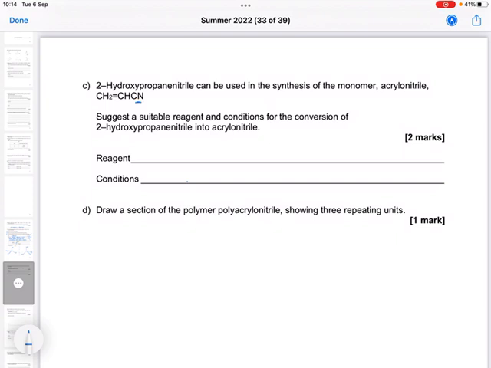So that's an alcohol to an alkene reaction. So I can use either concentrated phosphoric acid or concentrated sulfuric acid. The key thing here is the concentration, and I need to state that it has a high temperature.